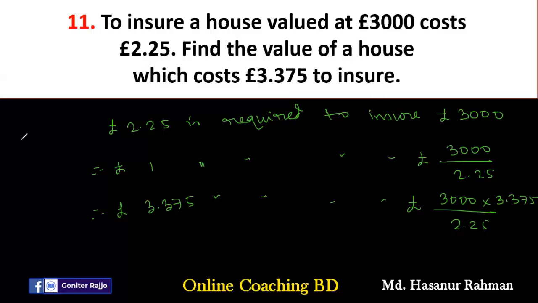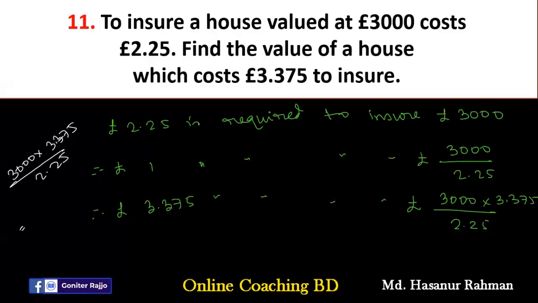So how can we divide? Look at this. To make you understand properly, I'm writing this division here. 3,000 multiplied by 3.375 divided by 2.25. If you can't use a calculator, then you can solve it in this way.